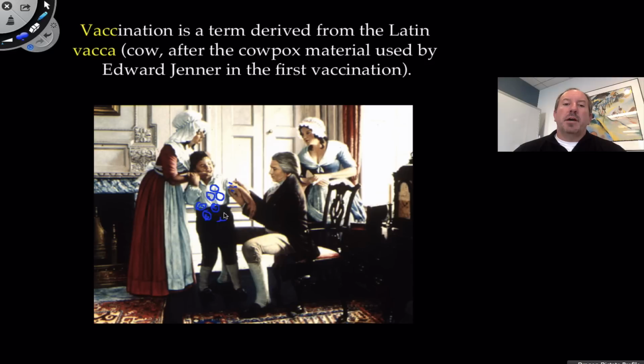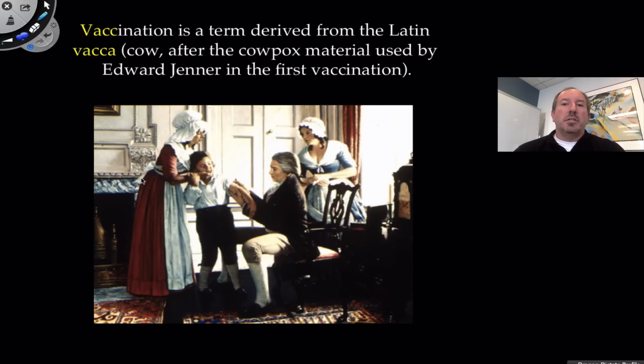There would be enough antibody circulating in the person's body so that when the real killer came, smallpox, you weren't going to get sick from it. And that's a huge thing, because for the most part, smallpox is no longer with us. The world was vaccinated against smallpox, and for the most part, it's never going to show up again.